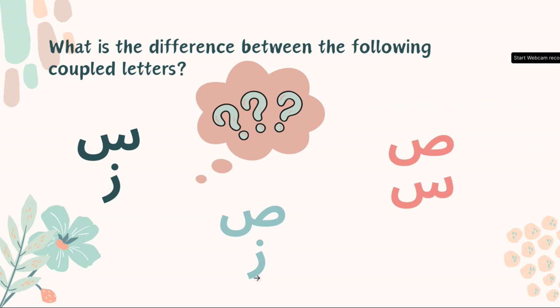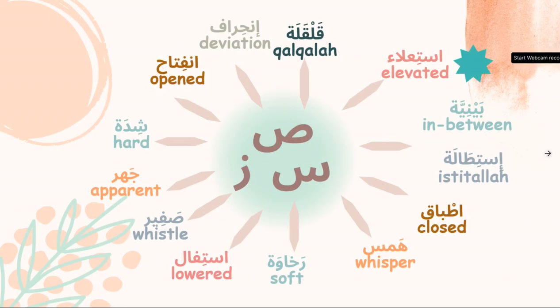We just mentioned that the letter Z has rakhawa, the vocal cords vibrate, while the Sod has hams. And what about the Sin and the Z? Same thing.